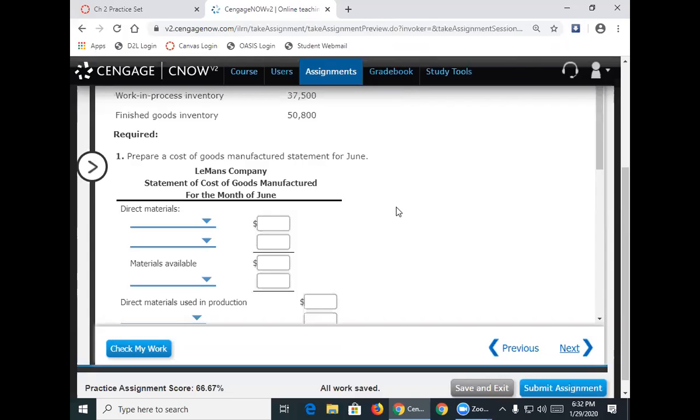Then we know we're going to add in our beginning balance and subtract out the ending balance. So what is my cost of goods manufactured? 860,600. Great.